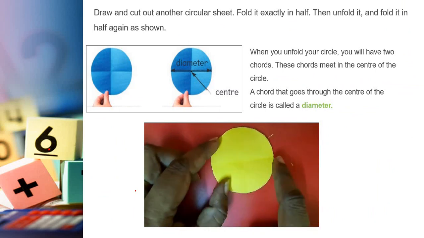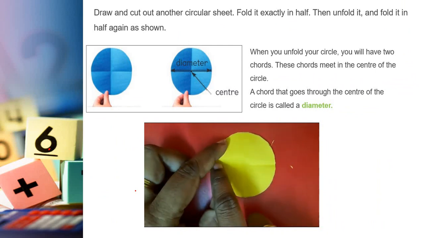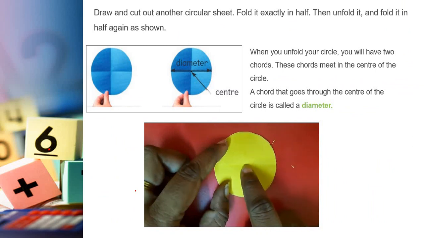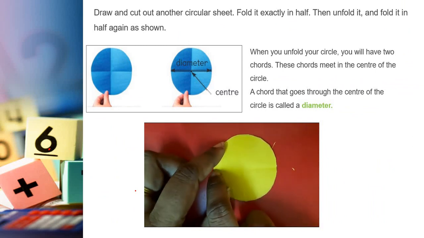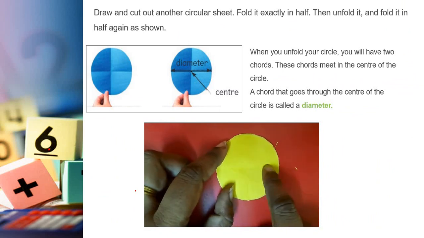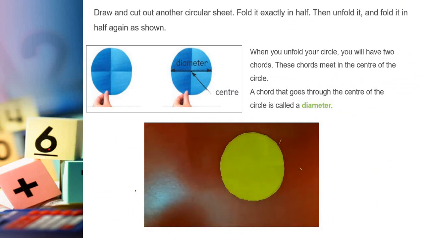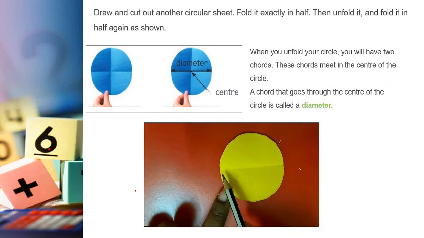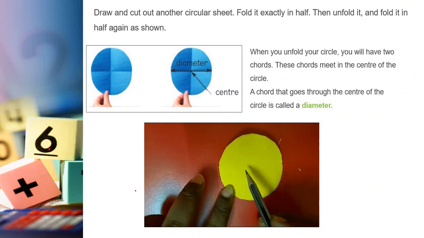These two chords meet in the center of the circle. A chord that goes through the center of the circle is called a diameter.